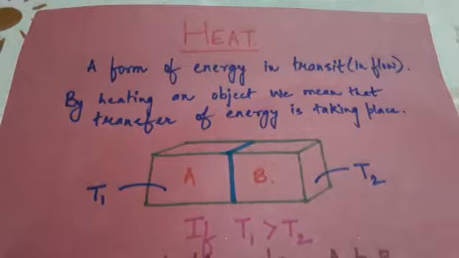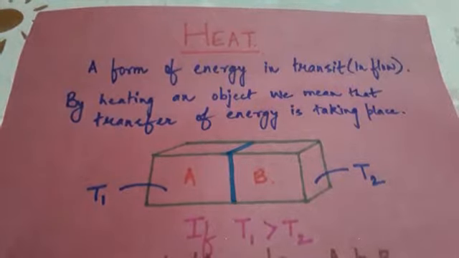This is how the atoms are transferring energy from the hotter body to the colder body, and this transfer of energy goes on. This is how we say that if we bring two objects closer and they are at different temperatures, energy is getting transferred.